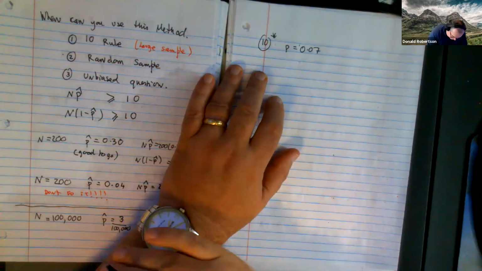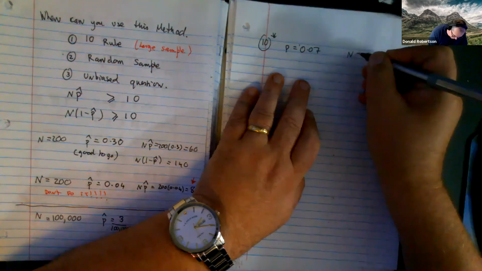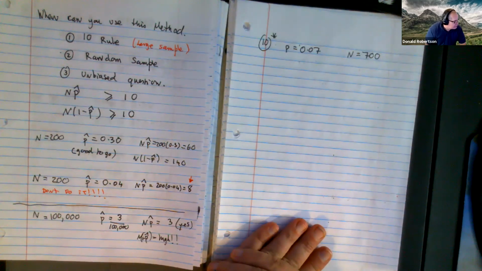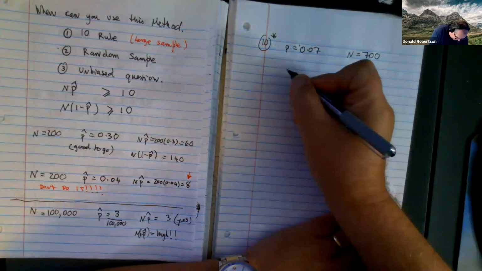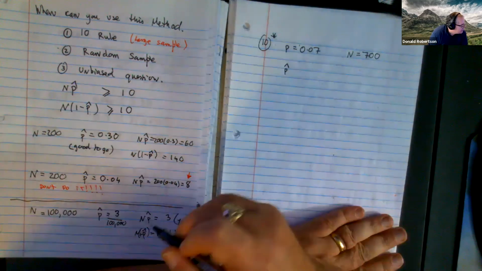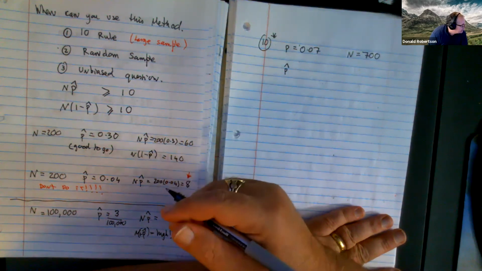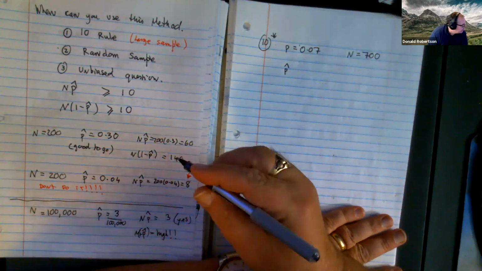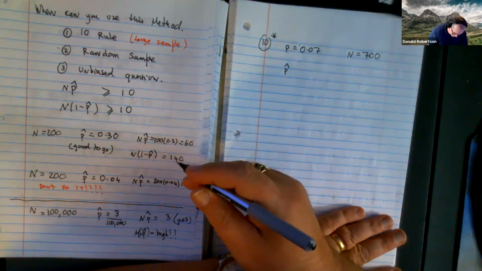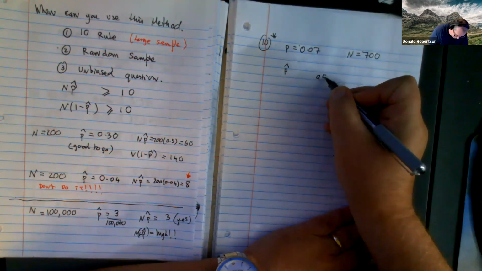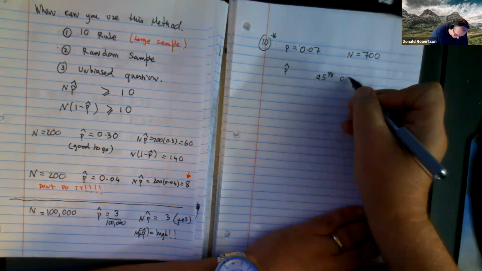A small town has 700 members. They then say, let P hat be the proportion who require aid in a year period. Based on the empirical rule, what should be the interval? So they're just basically saying, I know they're phrasing it in a long-winded way, but find the 95% confidence interval.